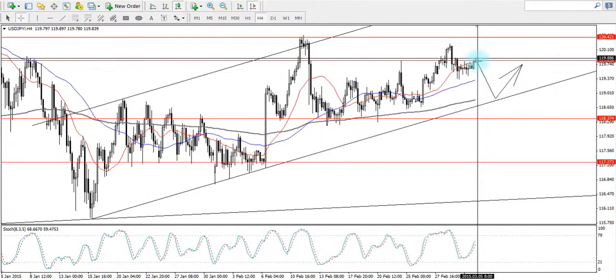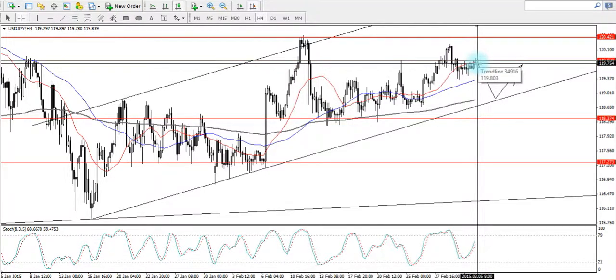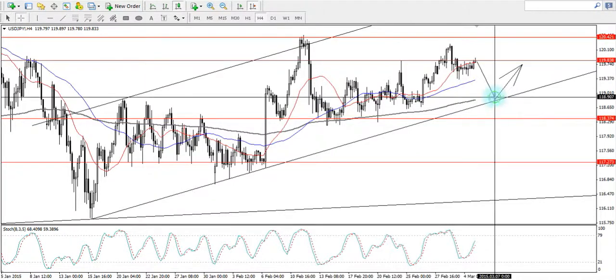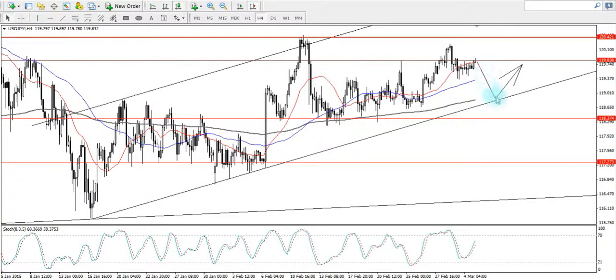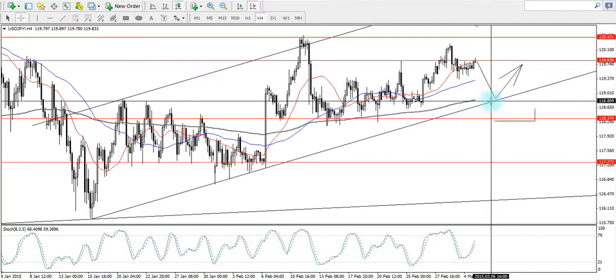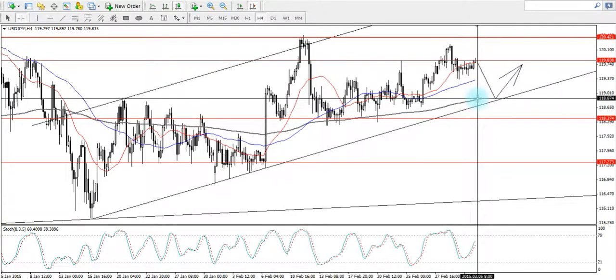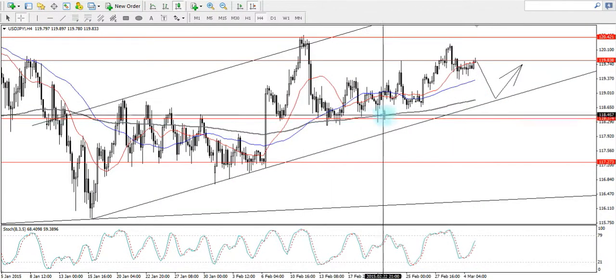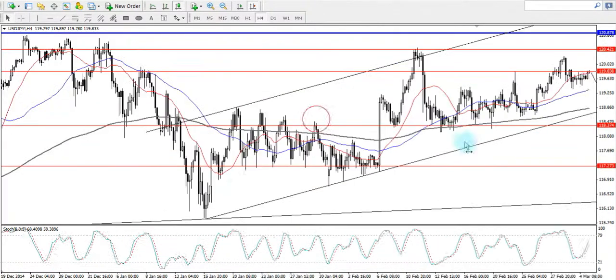So if price were to get resisted again at this resistance level 119.83, that gives a possibility for price to depreciate further, and we'll wait for a long opportunity as it touches the bottom of the rising trend channel. Of course, right before that will be the 200 moving averages. All right, we do see that the 200 moving averages has been supporting the price as well. All right, so that's for the dollar against the Japanese yen.